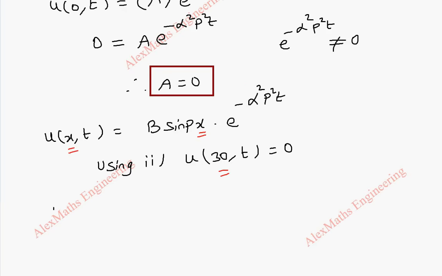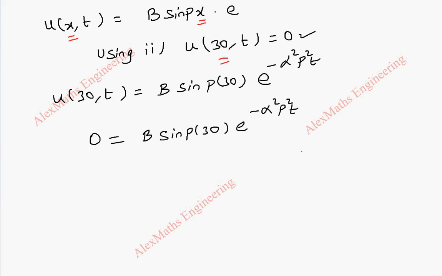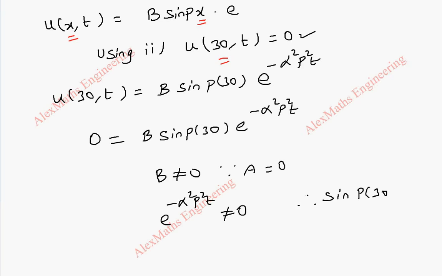So u of 30 comma t will be b sin p into 30 e power minus alpha square p square t, and this value is 0. So 0 equal to b sin p into 30 e power minus alpha square p square t. Now already a is 0, so b is not equal to 0. Similarly, e power minus alpha square p square t also not equal to 0. Therefore, the only option left is sin p into 30 must be 0.